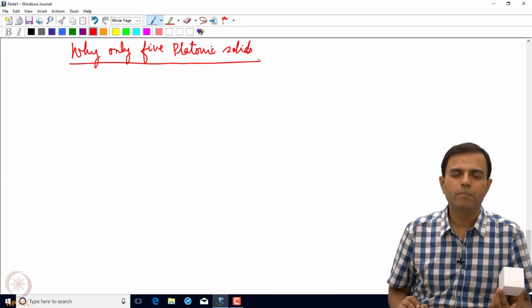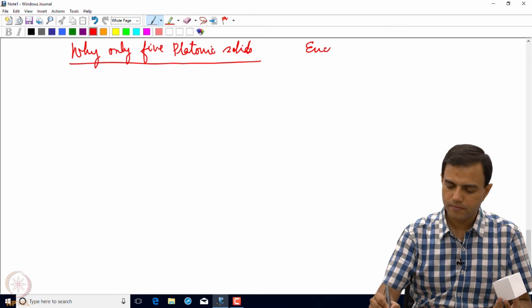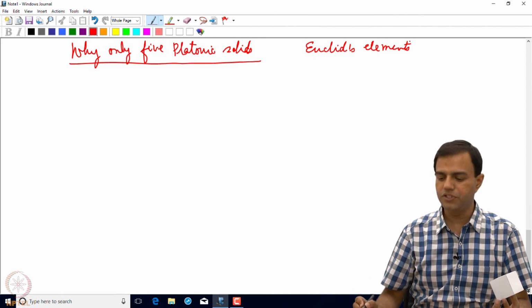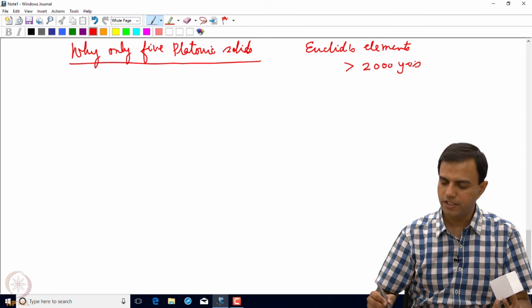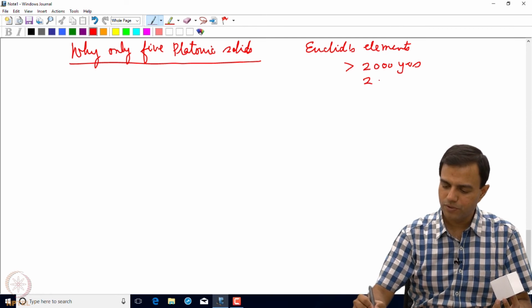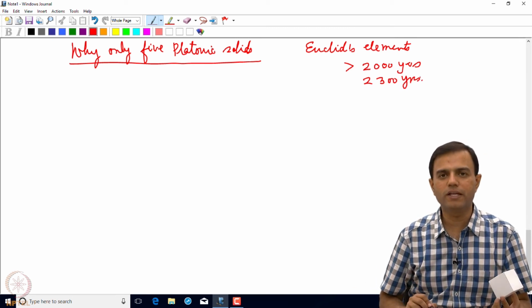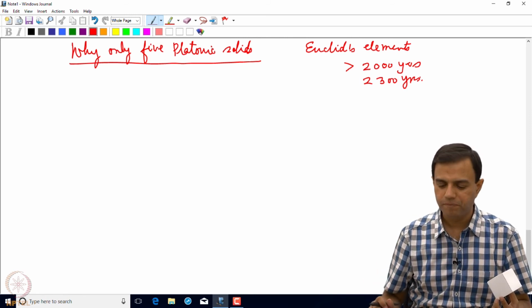If you know this book by Euclid, which is called Elements, a quite old book, maybe 2000, say 2300 years old, which was the first written document available for geometry, for the formal geometry that we have.